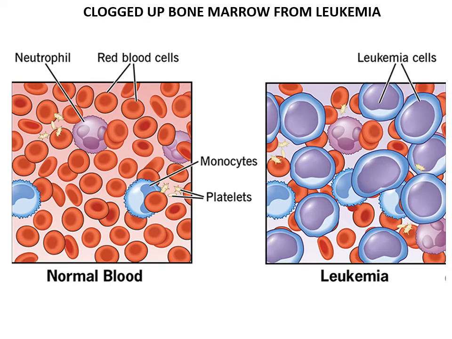So this next slide is just showing you what's happening in the bloodstream. So normal blood is typically very populated with red blood cells, right? So remember, 40 to 45% of your circulating blood volume is red blood cells to carry that oxygen all over your body to different organs.